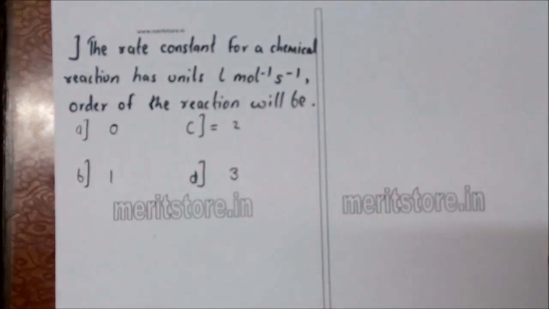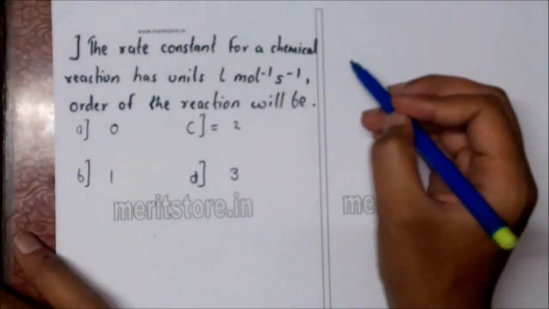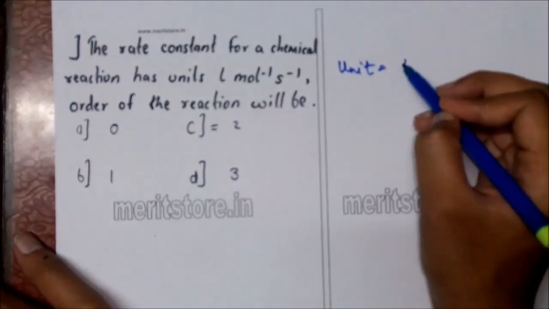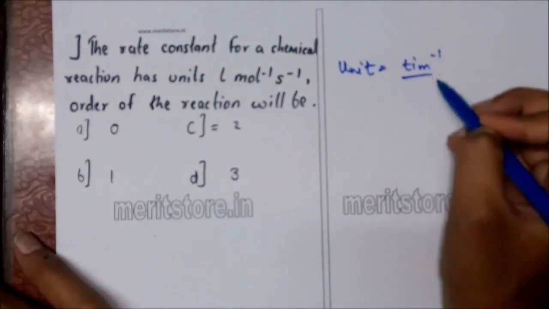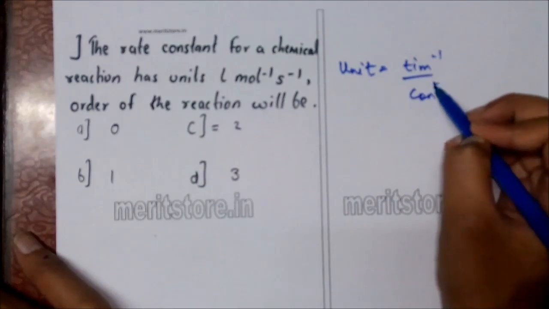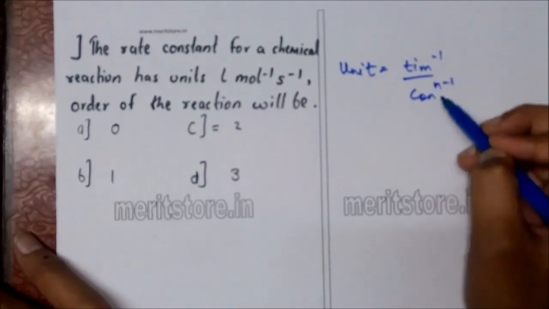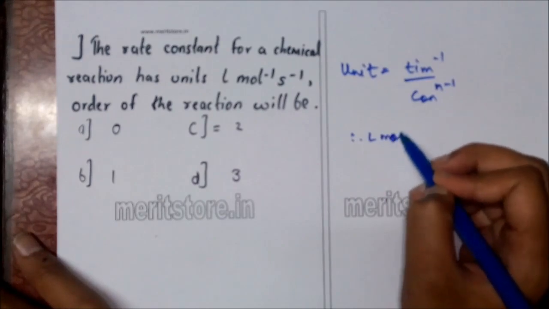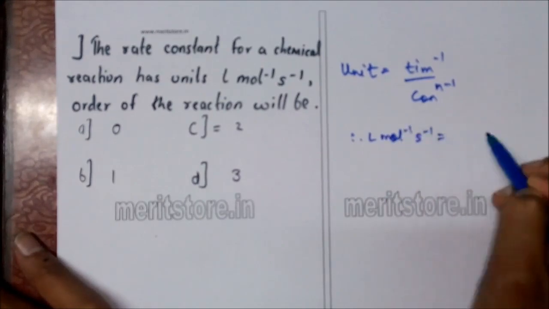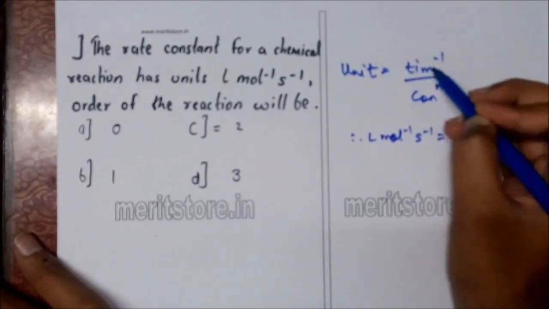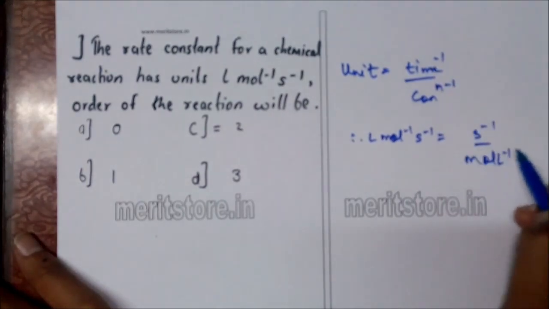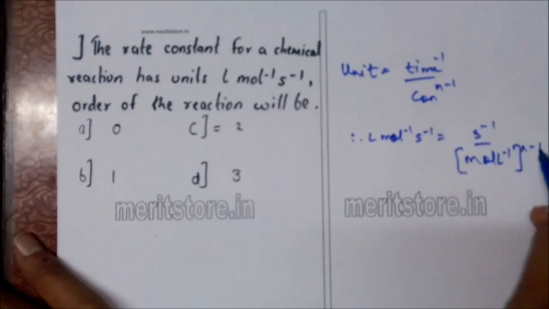The rate constant for a chemical reaction has units liter per mole per second. The order of the reaction will be. The unit of rate constant is equal to per time upon concentration raised to n minus 1, where n is the order. Therefore liter per mole per second is equal to per second upon mole per liter raised to n minus 1.